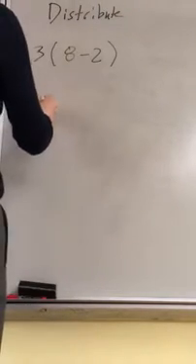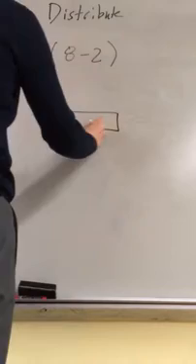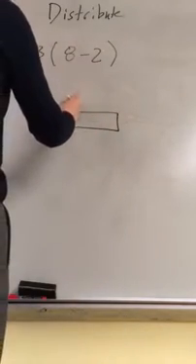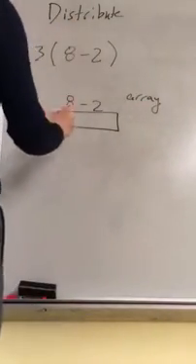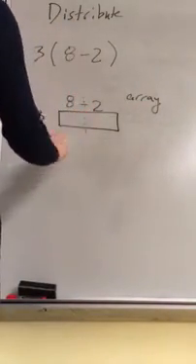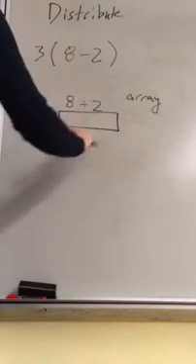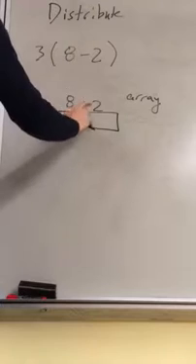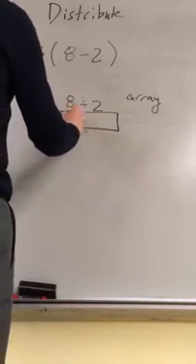So now we're going to write it like this. This is multiplying by an array. This is a very small array. A-R-R-A-Y, array, where we have 1 row and 2 columns. In our 2 columns, we have 8 minus 2. So we'll say 3 times 8, that's 24.